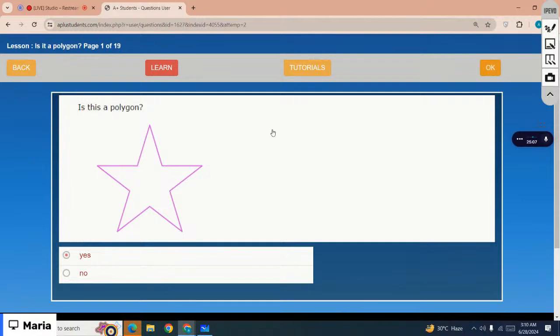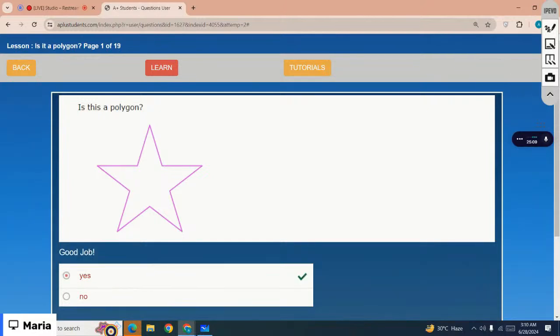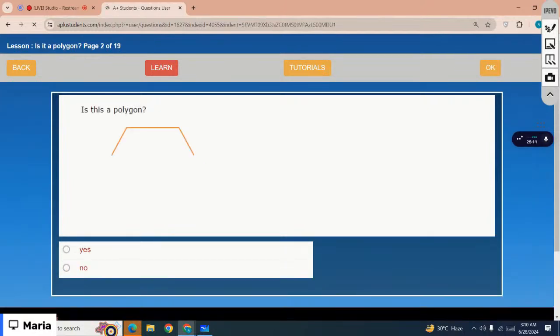The correct option is yes. A polygon is a closed shape and must have straight lines, right? Is this a polygon, which is the correct option?